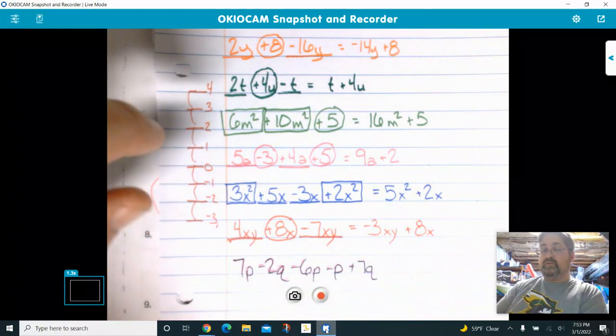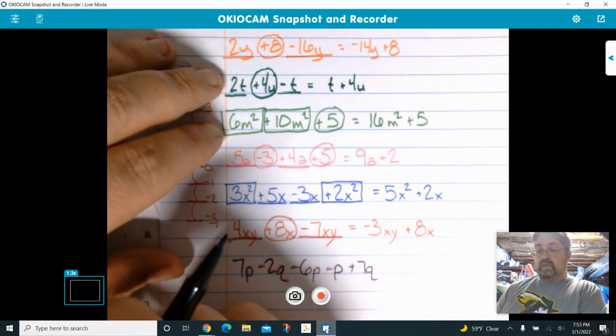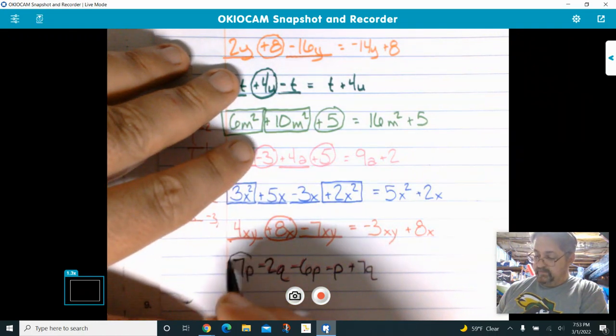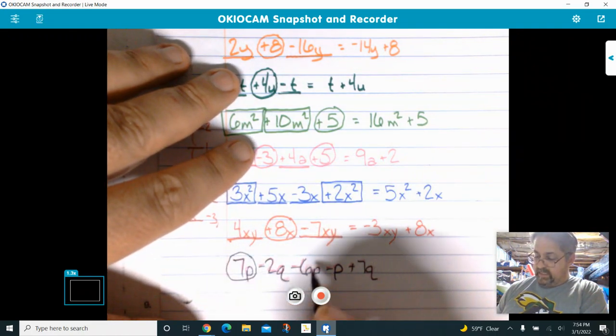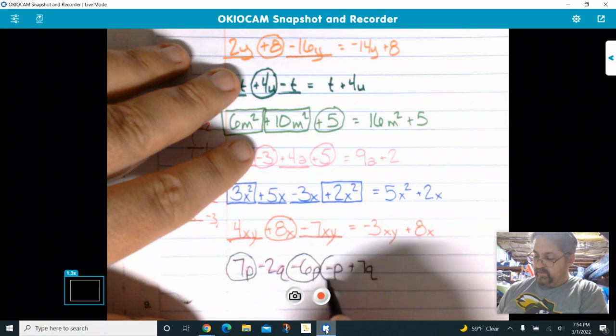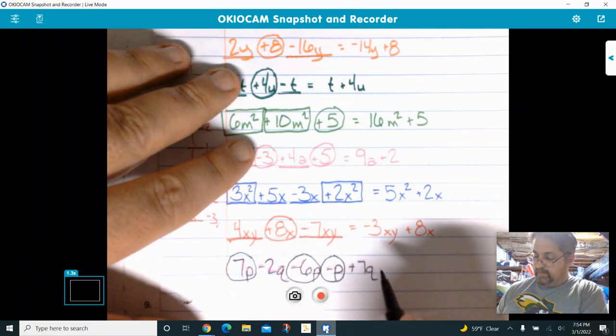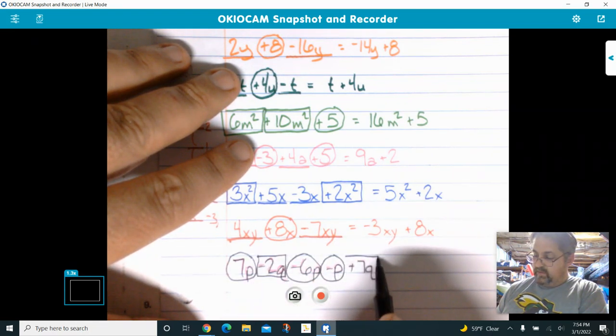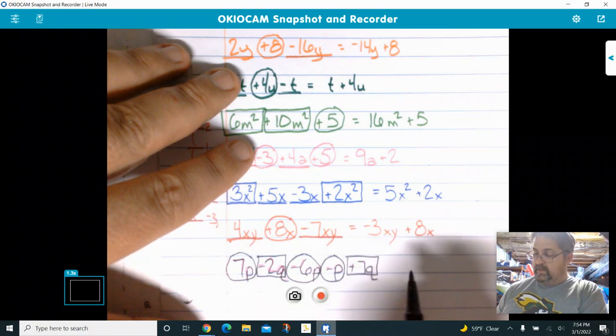Now I'm going to circle all my terms that have a p in them, because I know that there are some that have negatives going on with them. I'm going to put a box around my terms that have a q. Now I'm going to combine my like terms.